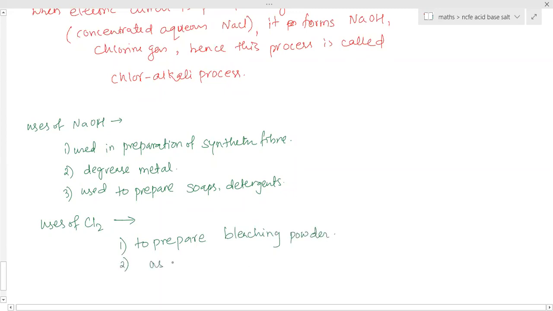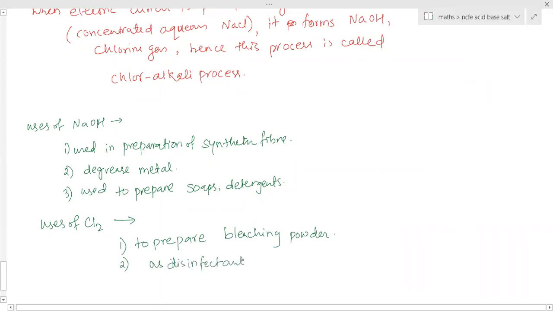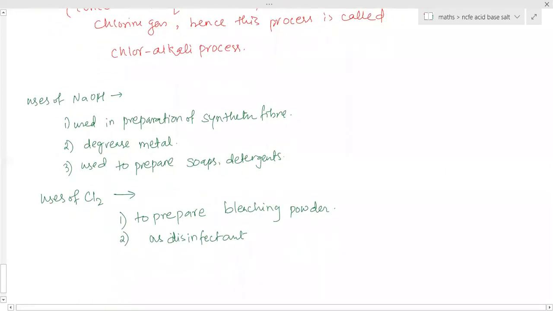As a disinfectant, in cleaning swimming pools, and drinking water also can be treated because it has the property of disinfecting, that is, killing the germs. So it is used as a disinfectant and as bleaching powder to bleach wood pulp, paper, even clothes. Chlorine is used, bleaching powder is used, and bleaching powder is actually the storage unit of chlorine.